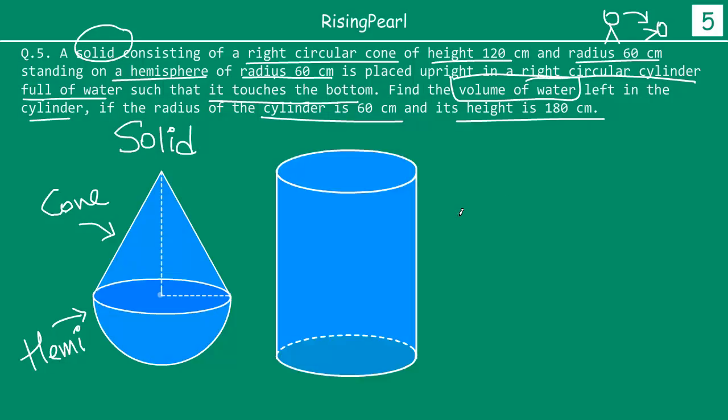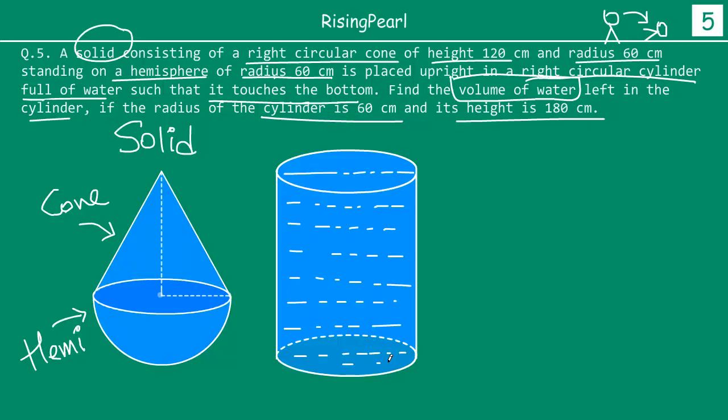What we are doing is taking this solid and a right circular cylinder, and this cylinder is filled with water. So maybe I'm drawing like this to show you that this is full of water, like some sort of a water tank.